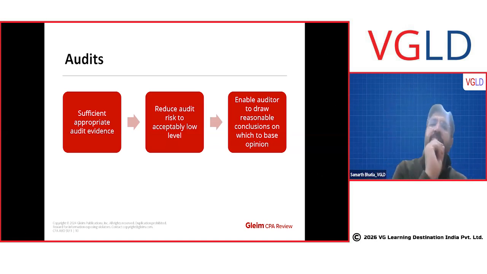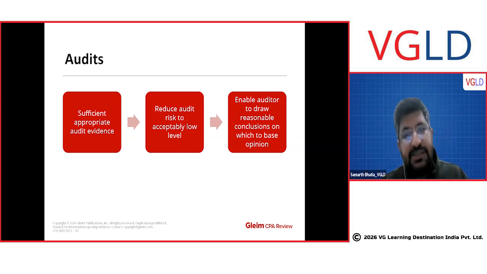If they are giving a modified opinion, they have a reason for that. Why they are giving an unmodified opinion, or an adverse opinion, they should have a reason for that. To find all those reasons, they have to obtain reasonable audit evidence. Otherwise they can't reach any conclusion.